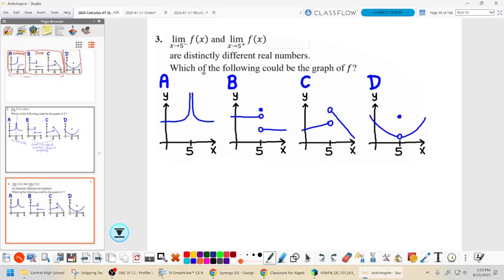If the limits as x approaches 5 from the left and right are distinctly different real numbers, which of the following could be the graph of f? So you're going to do your vote thing again.